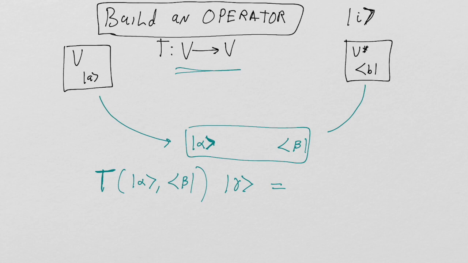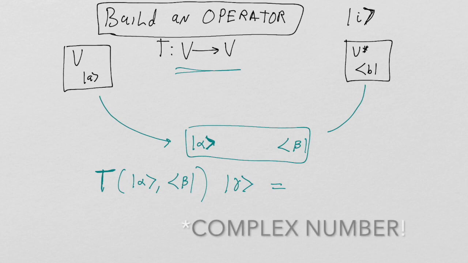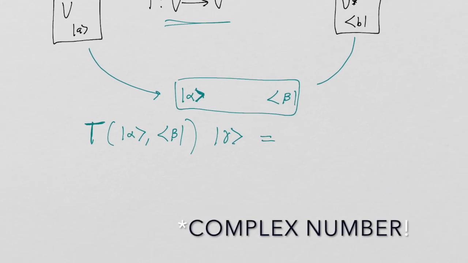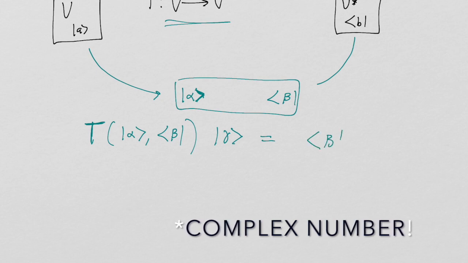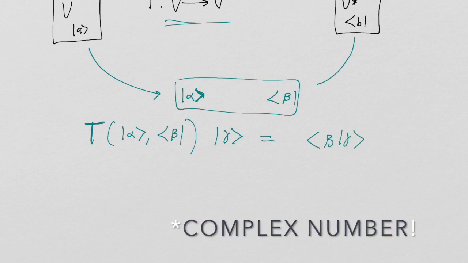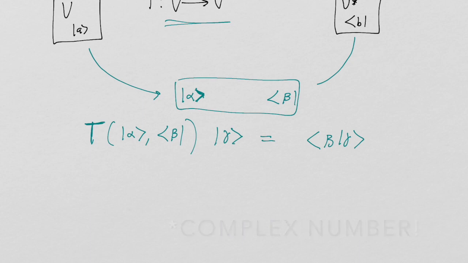So with just a ket and a bra, what can I do? Well, I could take the bra and my input ket, and I can get a complex number, right? I can always produce a number that looks like beta gamma. And then what do I have left?